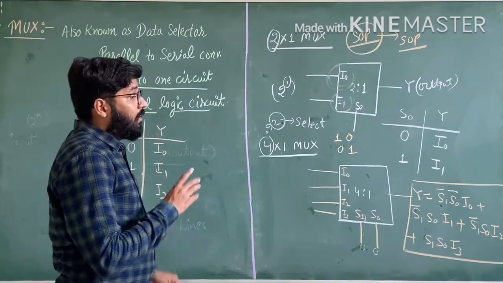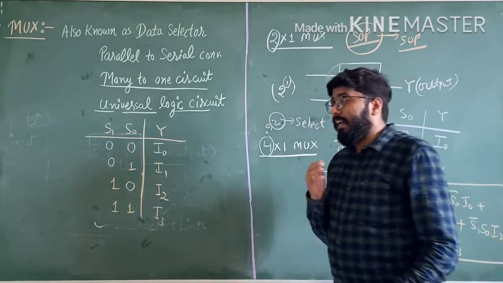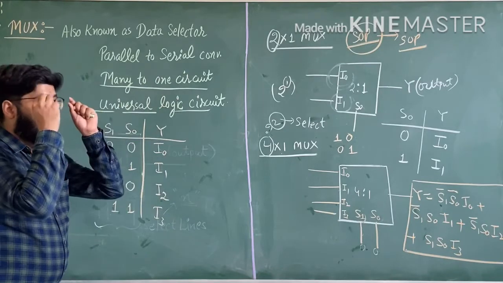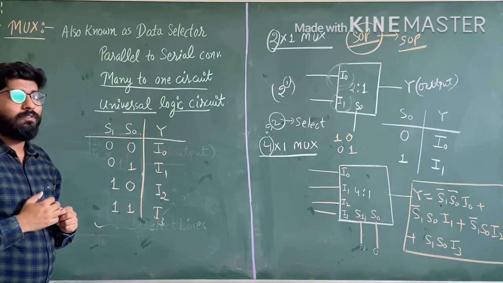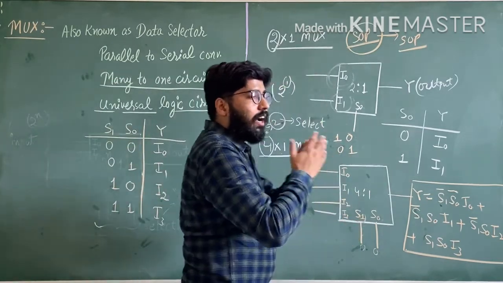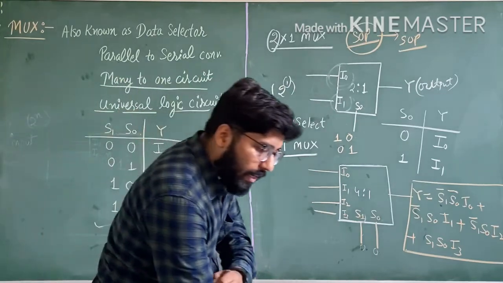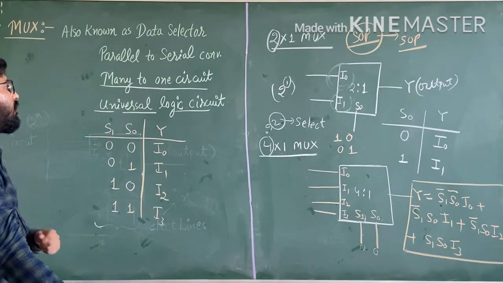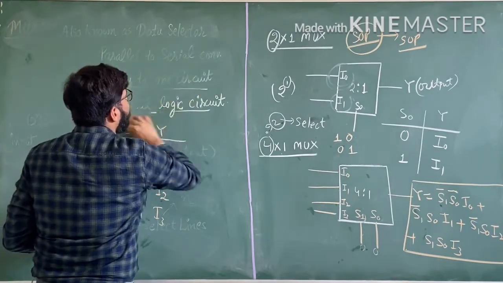Now, in the GATE exam, the question is asked in a manner that you have to design a larger mux with the help of smaller mux. So you have to put a heading: implementation of larger mux, higher order mux, with the help of smaller order mux.